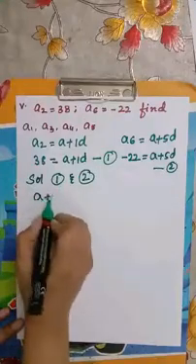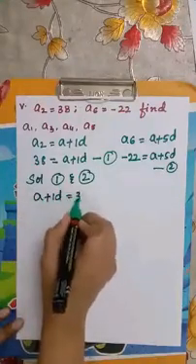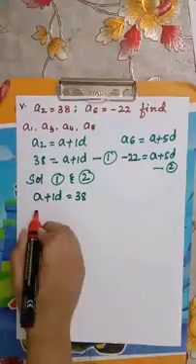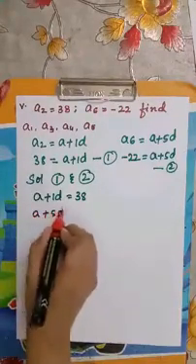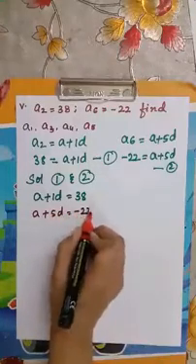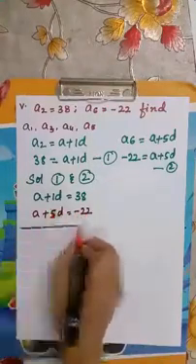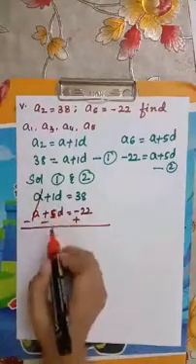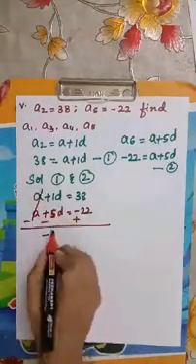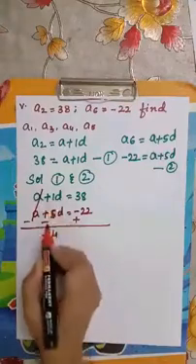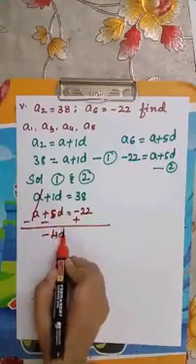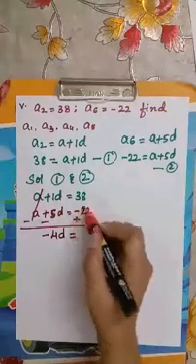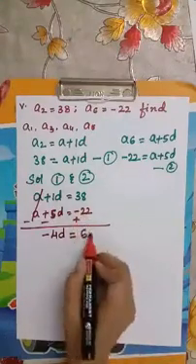So A plus 1D is equal to 38 and A plus 5D is equal to minus 22. Change the signs. Plus minus get cancelled. 1 minus 5 is what? Minus 4D. Plus 1D minus 5D is minus 4D is equal to, plus से sign change हो गई, plus plus is plus, when you add this becomes 60.